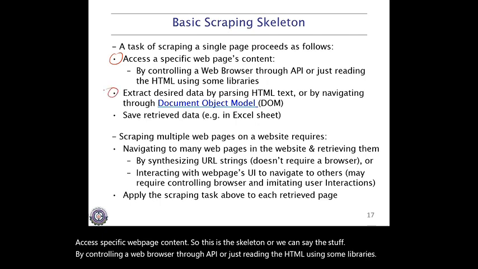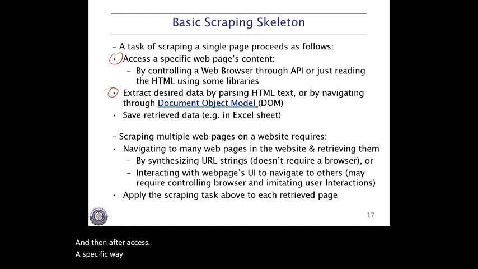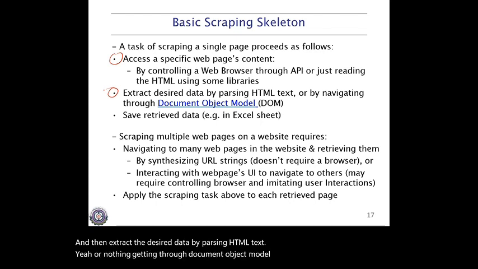Then extract the desired data by parsing the HTML text or navigating through the document object model, and then save the retrieved data, for example, in Excel.